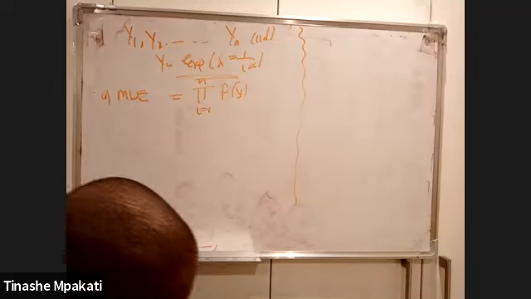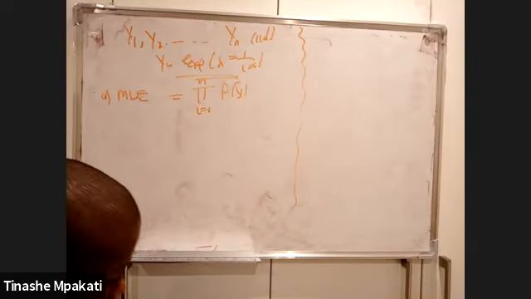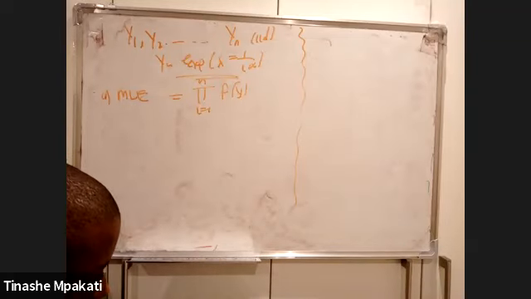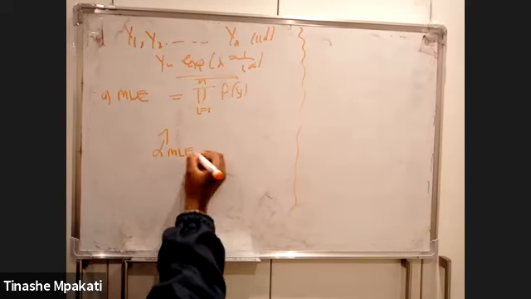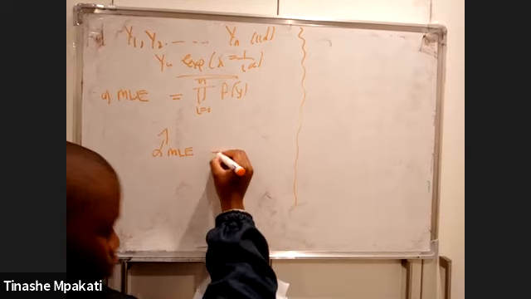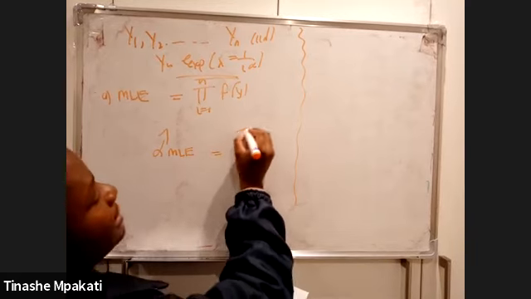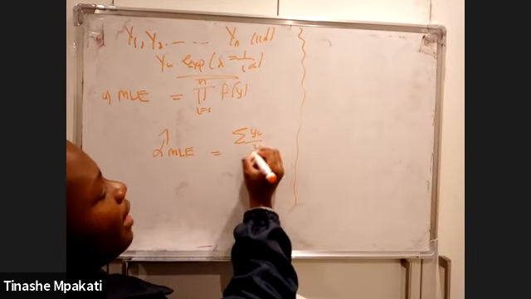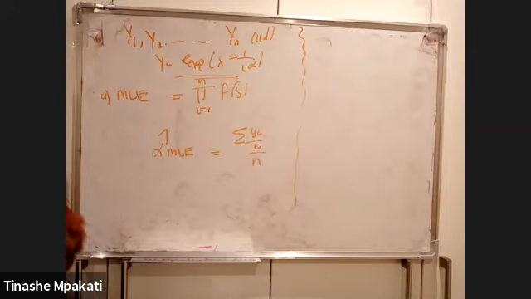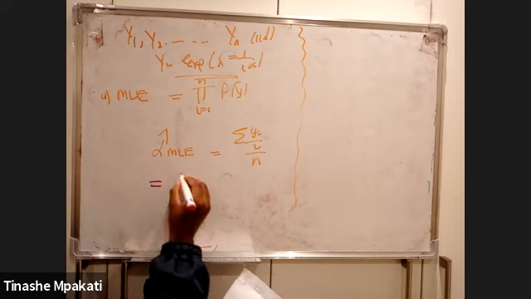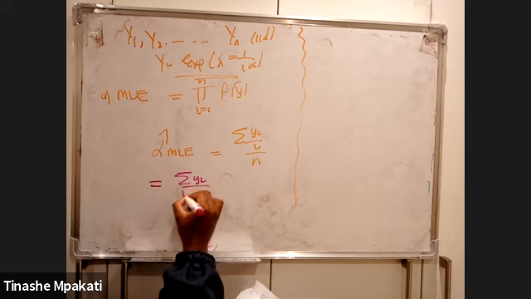You will go through the long process that we know for MLE to finally find that your maximum likelihood estimator will be equal to the summation of your yi over n. Again, in this question, when you try to find the MLE, you'll find that your answer would just be the summation of your yi over n, right?